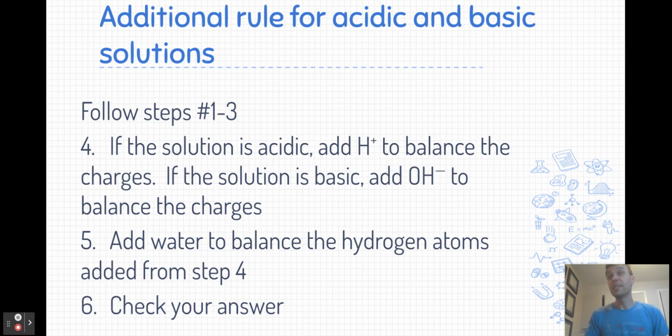If the solution is basic, we'll use hydroxide ions to balance the charges. Because we've now added hydrogens or hydroxides, we'll use waters to balance the hydrogen atoms from the previous step, and then we'll check our answer by checking that the atoms and charges are balanced. So let's go through two examples of this method.